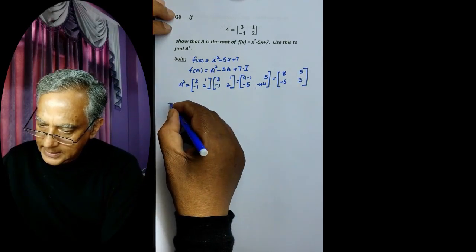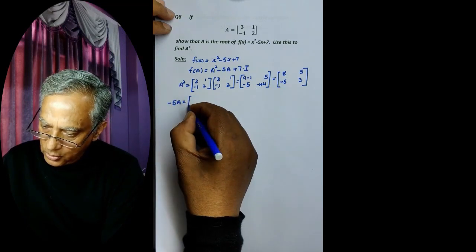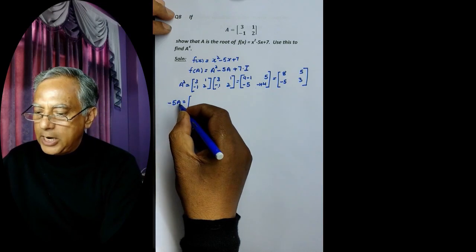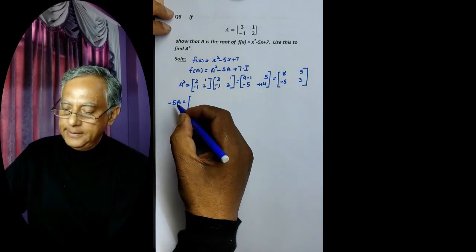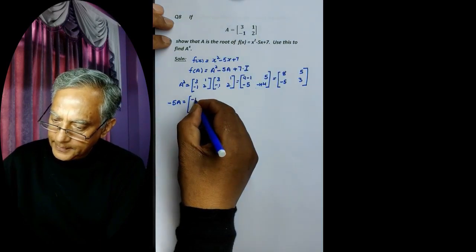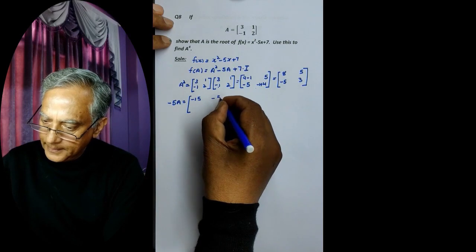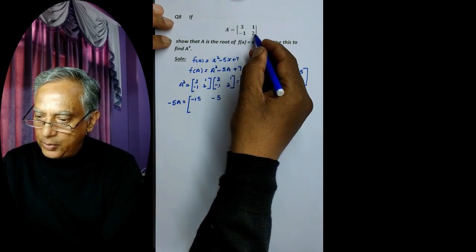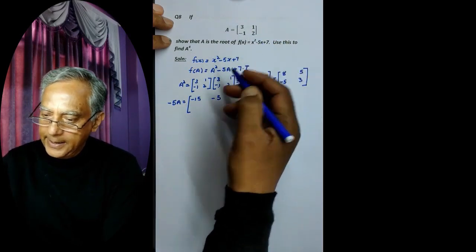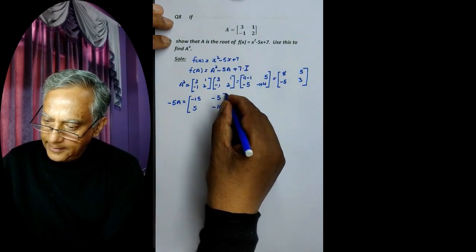And minus 5A. Minus 5A will be equal to: multiply each and every entry of A by minus 5. So this will be minus 15, minus 5, and this will be plus 5 and minus 10.